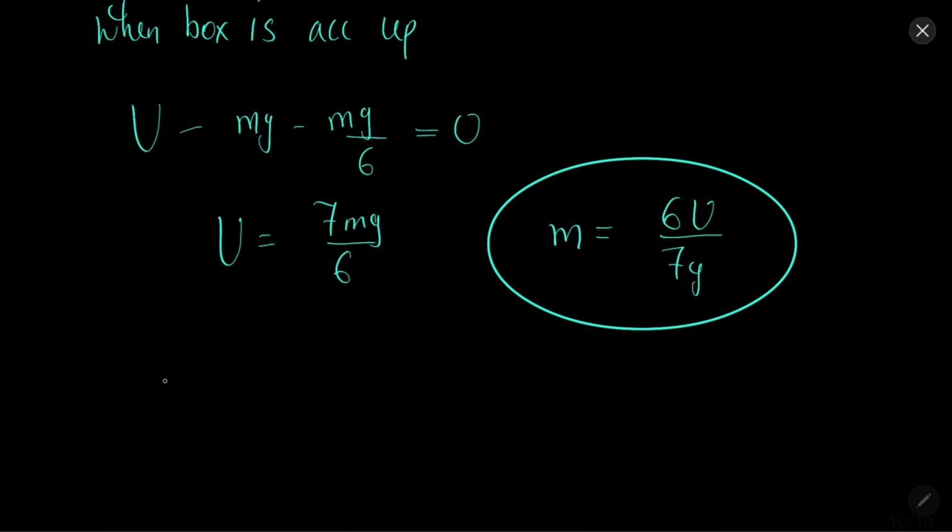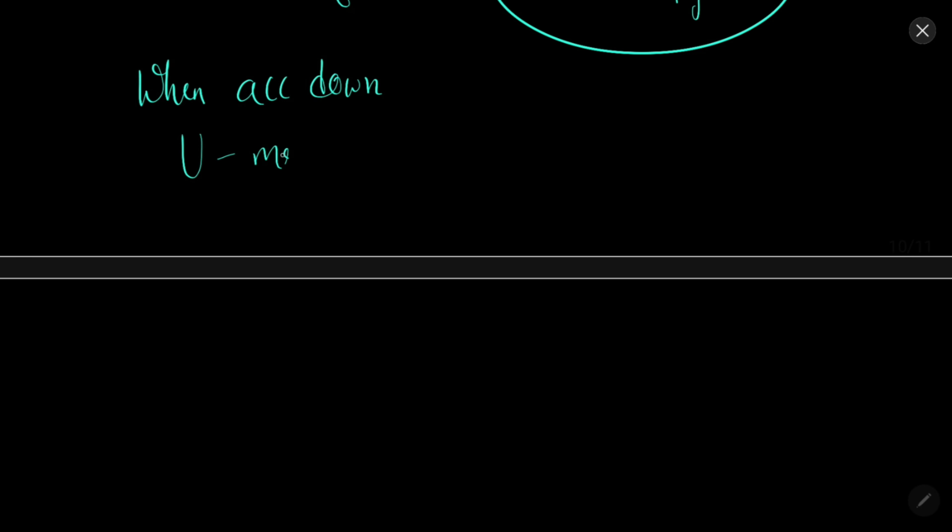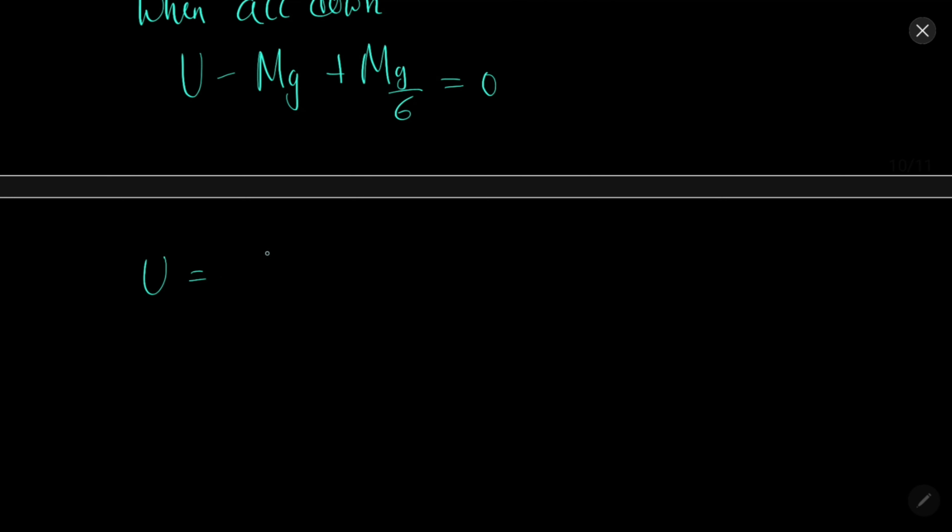and when accelerating down, in that case u minus mg plus mg over 6 equal to 0. So here u is equal to 5 mg over 6, so m will be 6u over 5g.